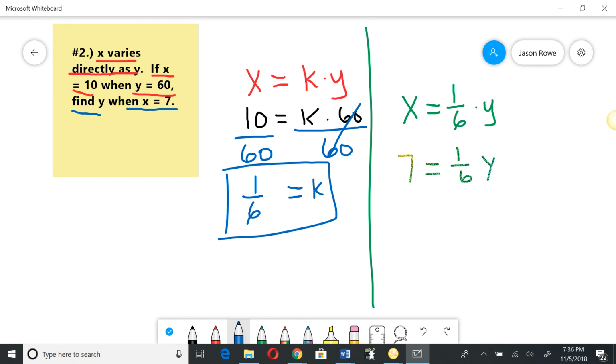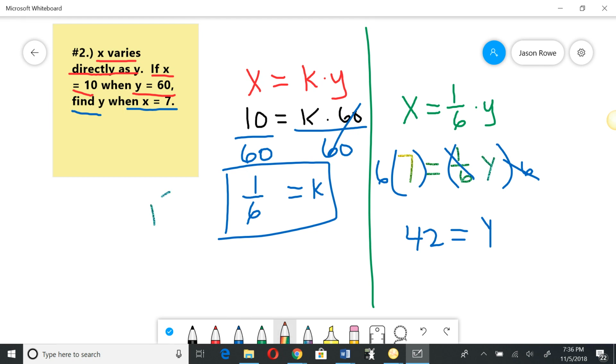We're going to solve for y by multiplying both sides by 6. And so y will equal 42. So you have to do both of these steps. This is the first step, and then this is the second step, or the second part.